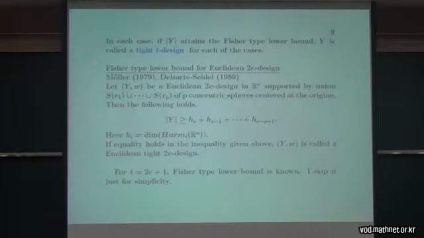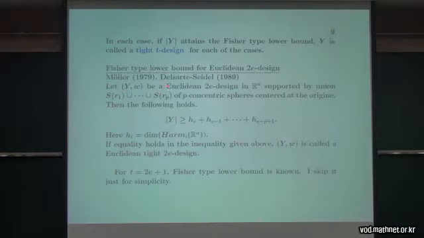For the Fisher type lower bound for Euclidean 2e-designs, I just choose the even case. This was done by Möller.